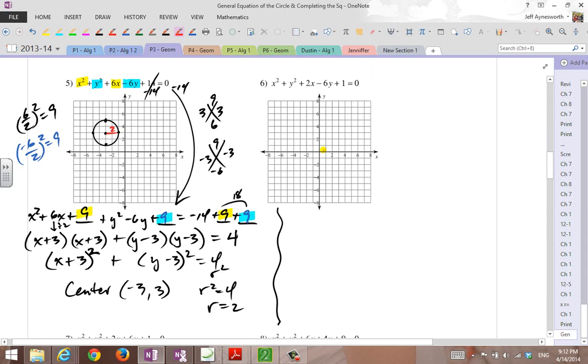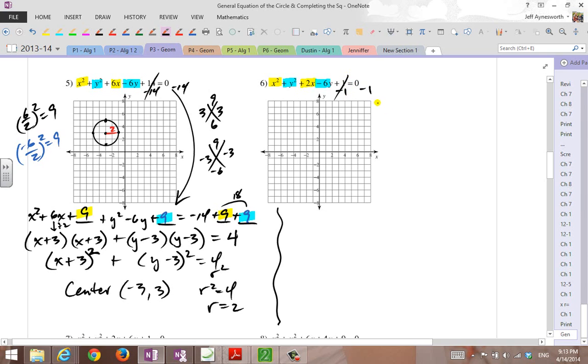Okay, pause the video. Give number 6 a shot. All right, let's check work here. So let's group up, show the groupings, and also at the same time, let's subtract 1 and get it on the right-hand side.